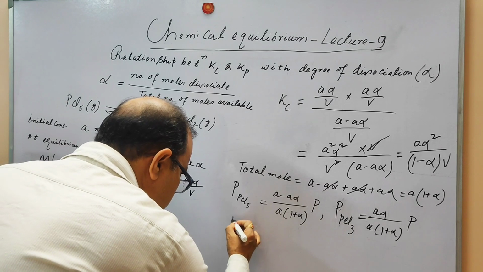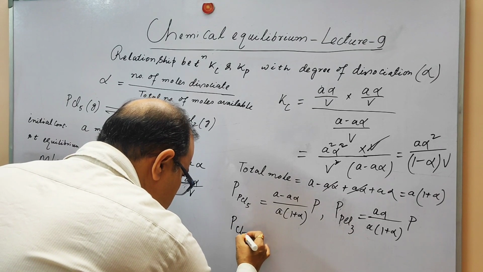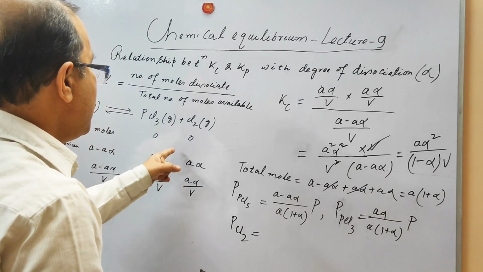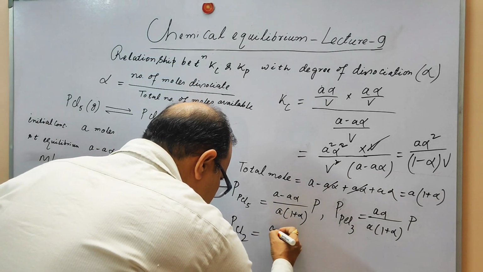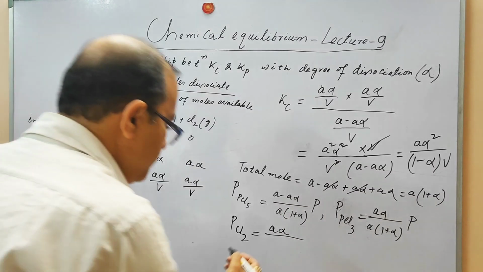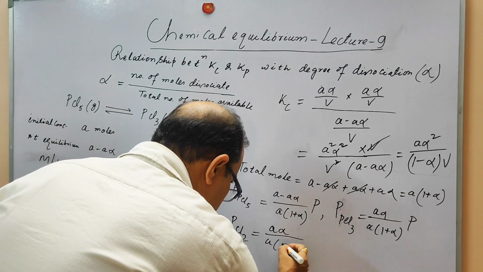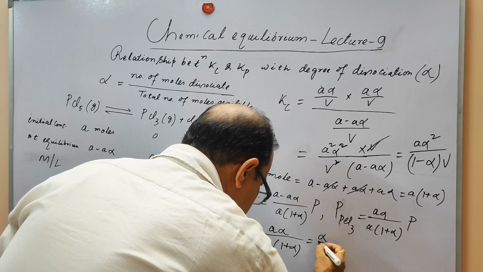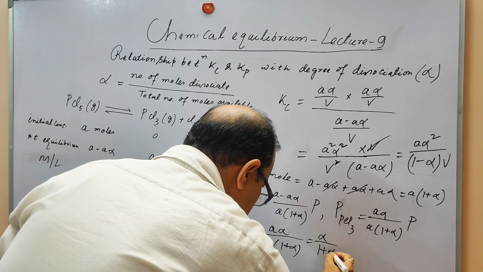Now the partial pressure of Cl2 that we can get: Cl2 has moles at the equilibrium point, that is alpha, divided by the total moles, that is this. So we can get alpha by 1 plus alpha.